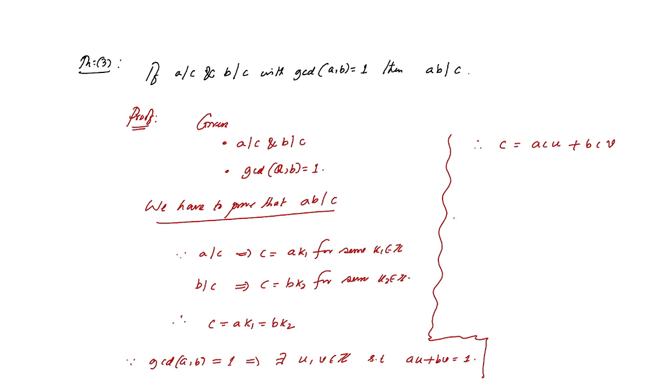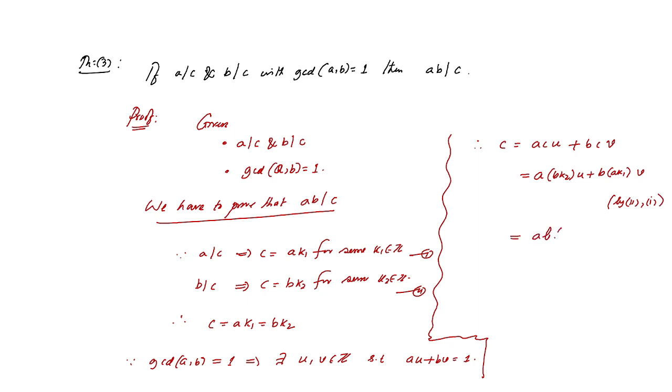Now, what is the value of C here? In the first term we put C equals B K2, so this is 1 and this is 2. So we get A B K2 U plus B, and again we put the value of C here, C equals A K1, so we put A K1.